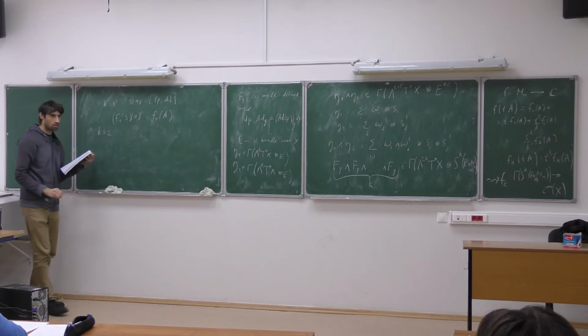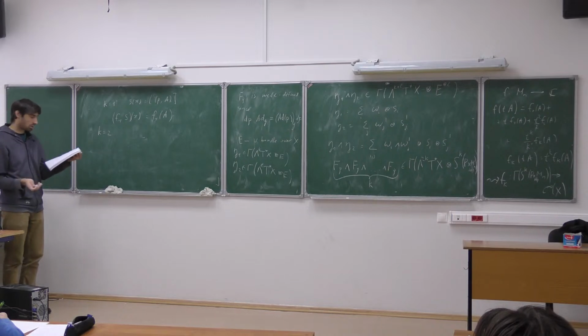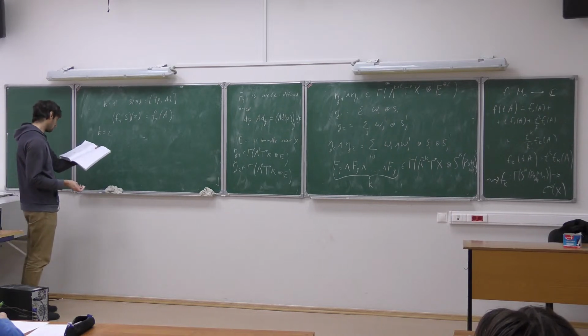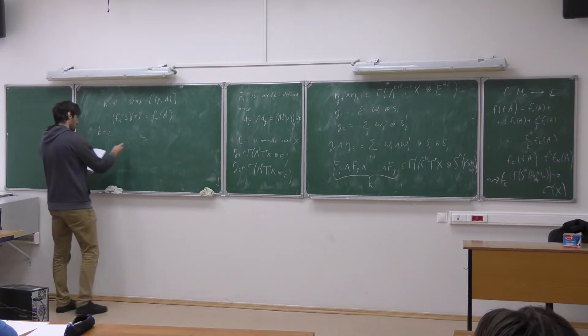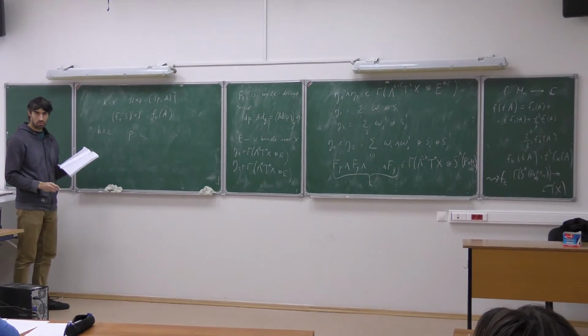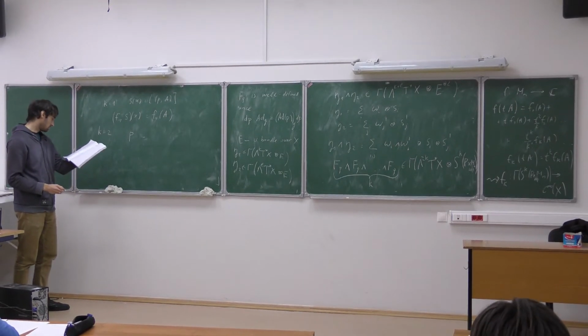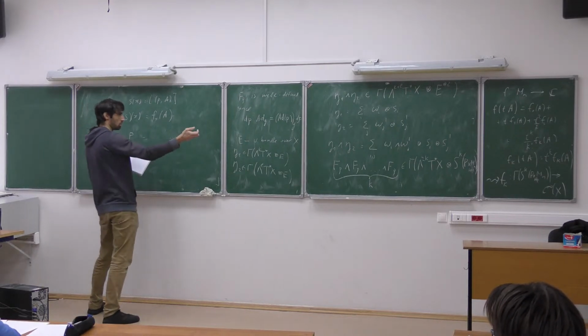For k equals 2, I will just tell you what happens, and you understand how to do it for any k. Okay, for k equals 2, suppose that I have some symmetric polynomial on Mn.